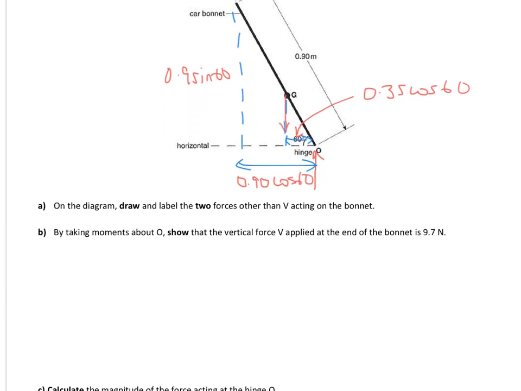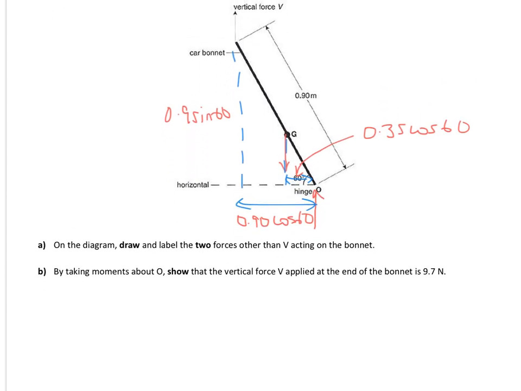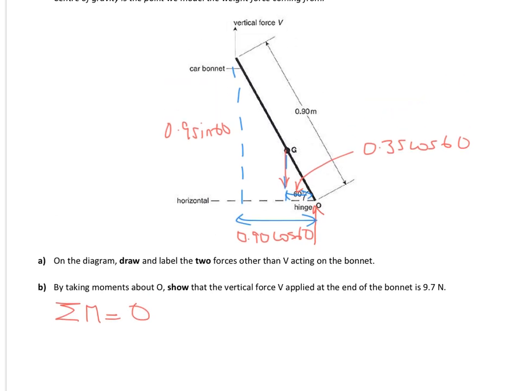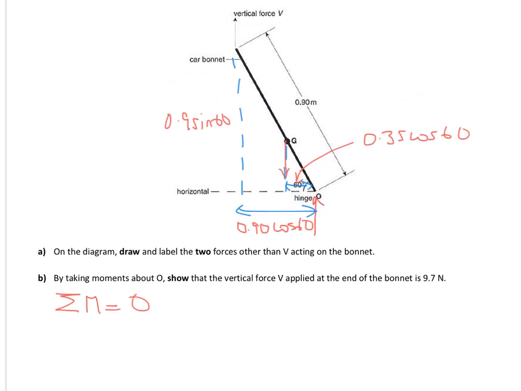Okay, so we've got our distances now, so we can set up our equilibrium condition. So we know that the sum of the moments is going to be 0. So clockwise ones which are positive would be V times by 0.9 cosine 60. That's positive.